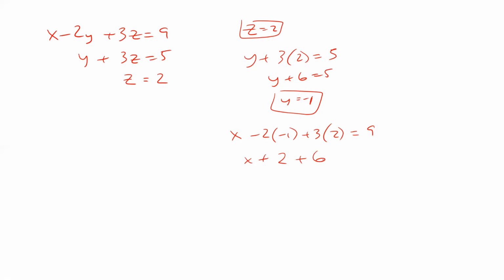It's just the same as example 1. That would mean x would be 1. So 1, negative 1, 2. It looks pretty familiar. You don't have to put that next to it. It's always going to be x, y, z.